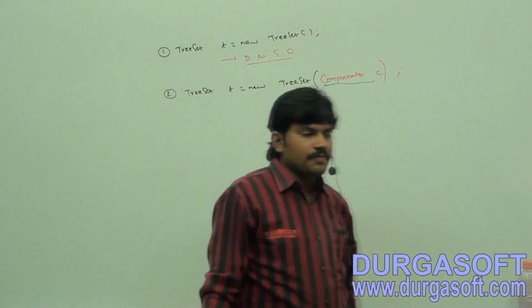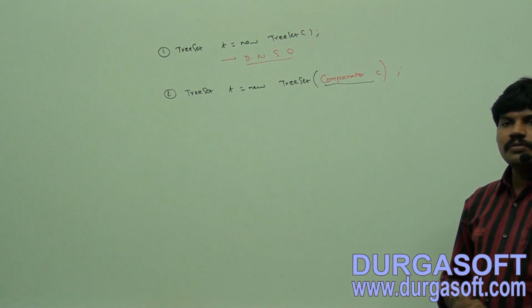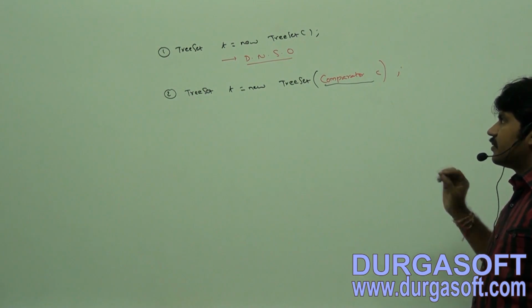Okay, the first one: TreeSet t = new TreeSet().